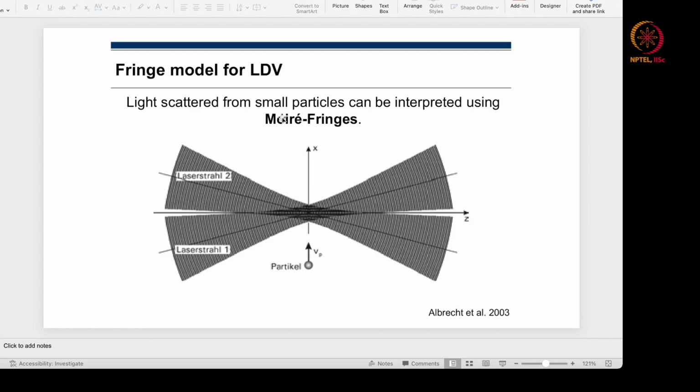The laser light that is scattered from small particles can be interpreted using the Moire fringes. So these are the two laser lights. It is assumed that they are planar wavefronts, and this is the particle with a velocity v, or the effective velocity vp, that is traversing the fringes. You can see these are the fringes that are there. This is the z-axis, and the detector is somewhere there.